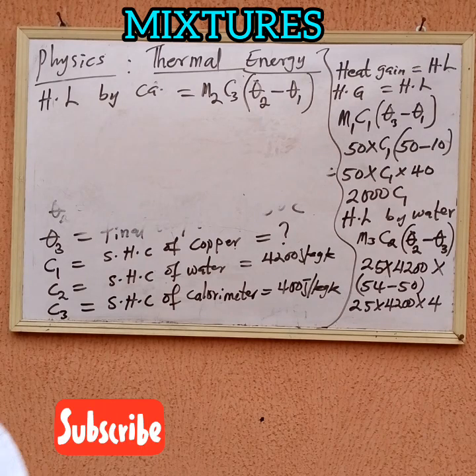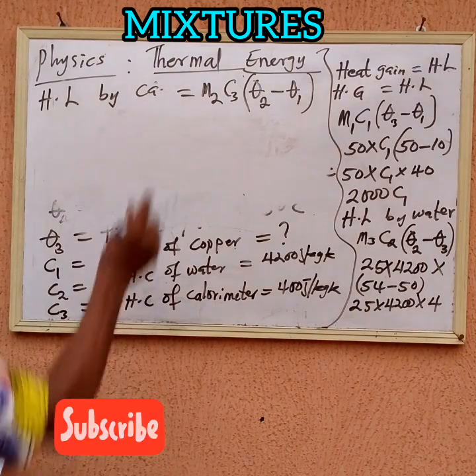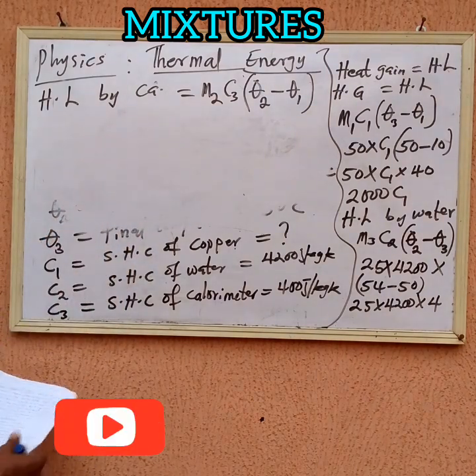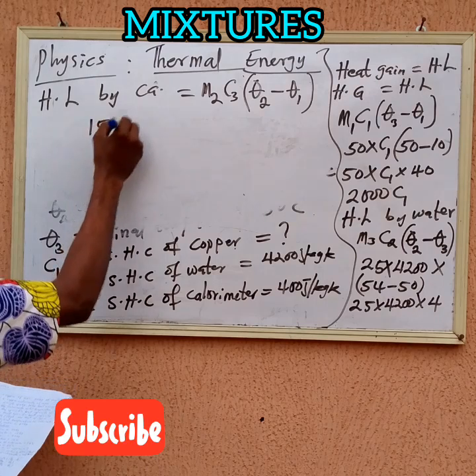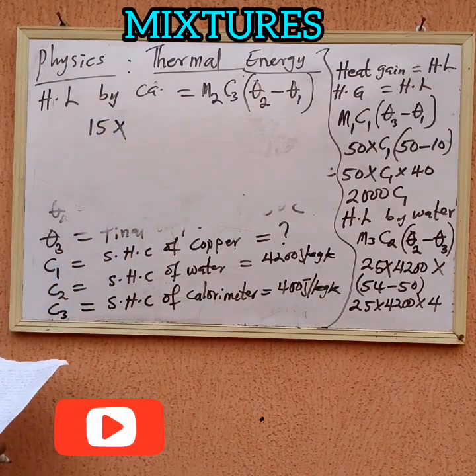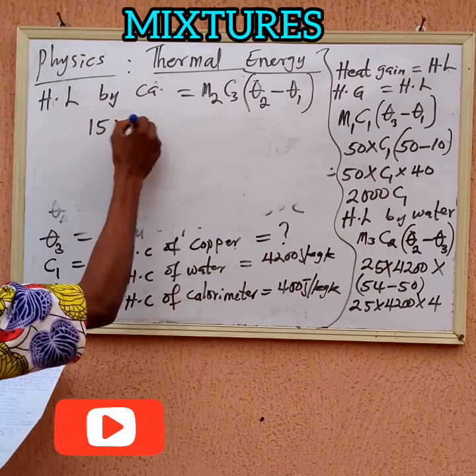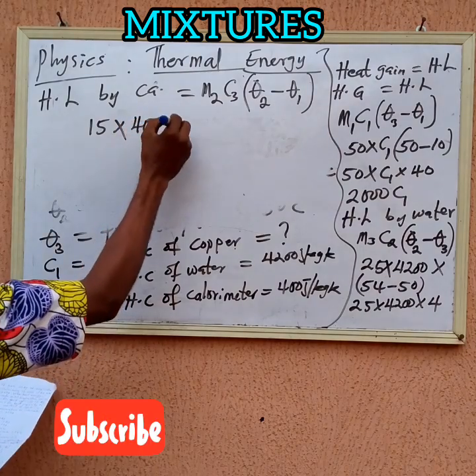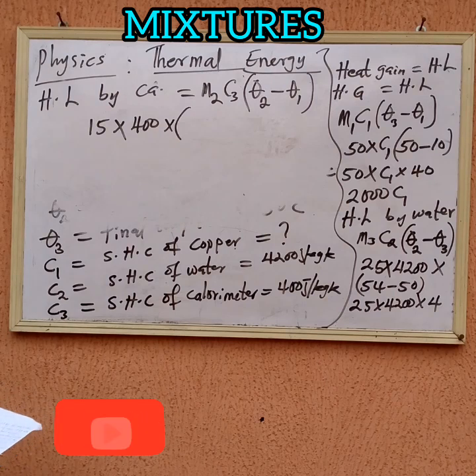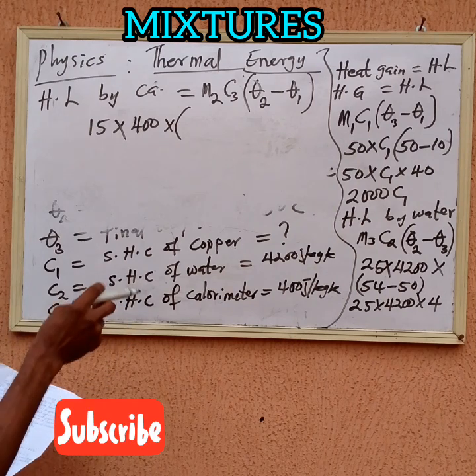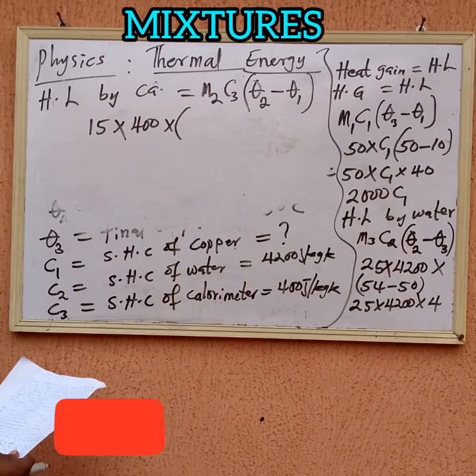Now let's go. What is our M2? M2 here is 15 kg. 15 kg times our C3, which is 400, times the temperature change.